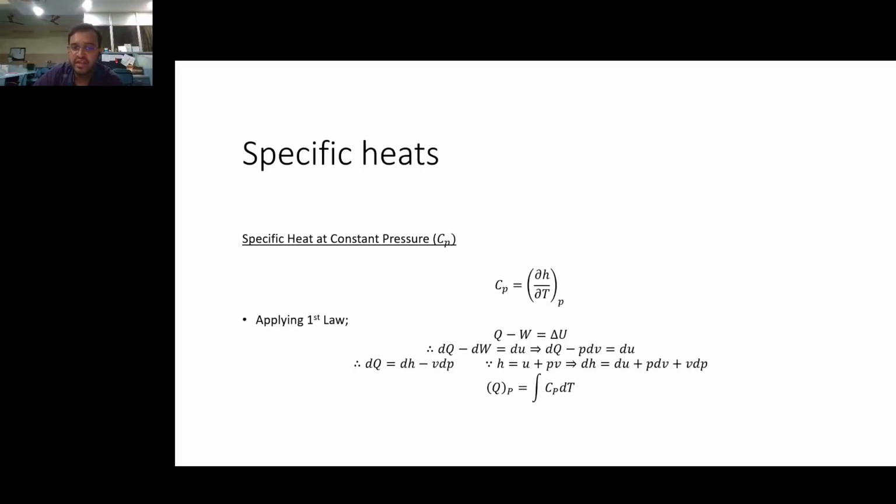Next, we look at the second condition, heating at constant pressure. Cp is equal to ∂H upon ∂T at constant pressure.